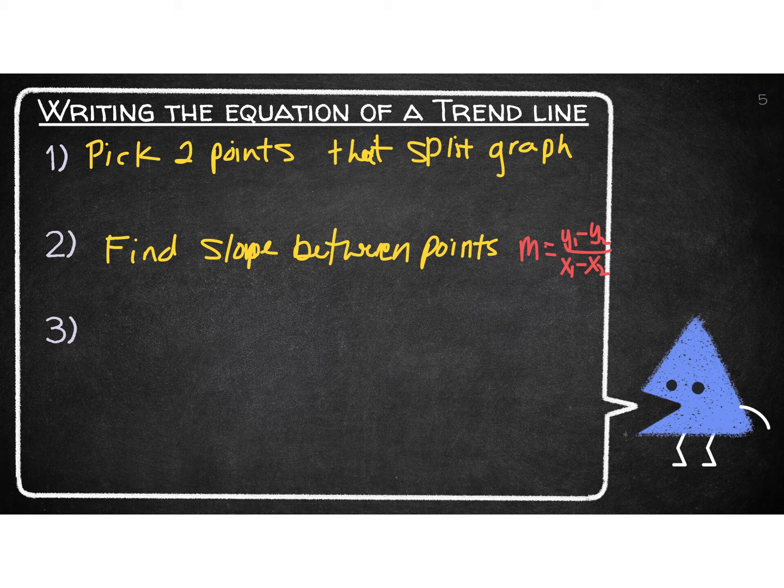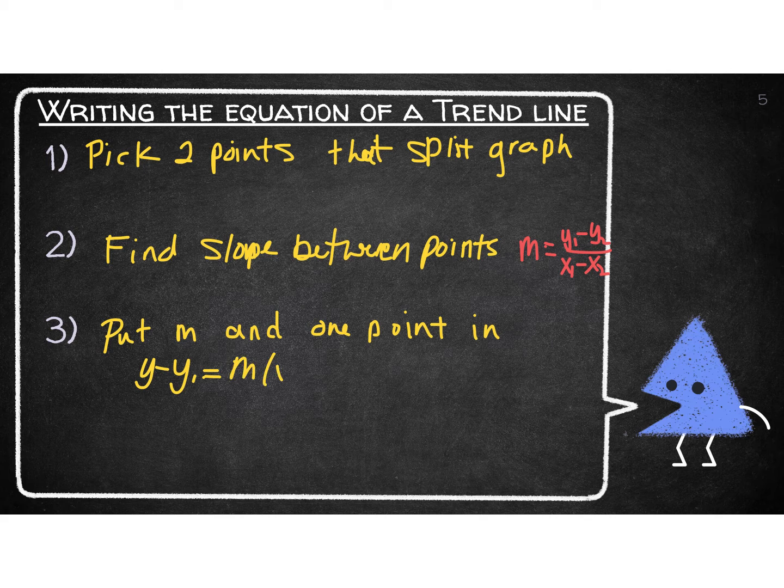And then we're going to find the equation of the line by doing point slope form. Put the slope and a point, one of the 2 points, in point slope form, which is y minus y1 equals m times x minus x1.